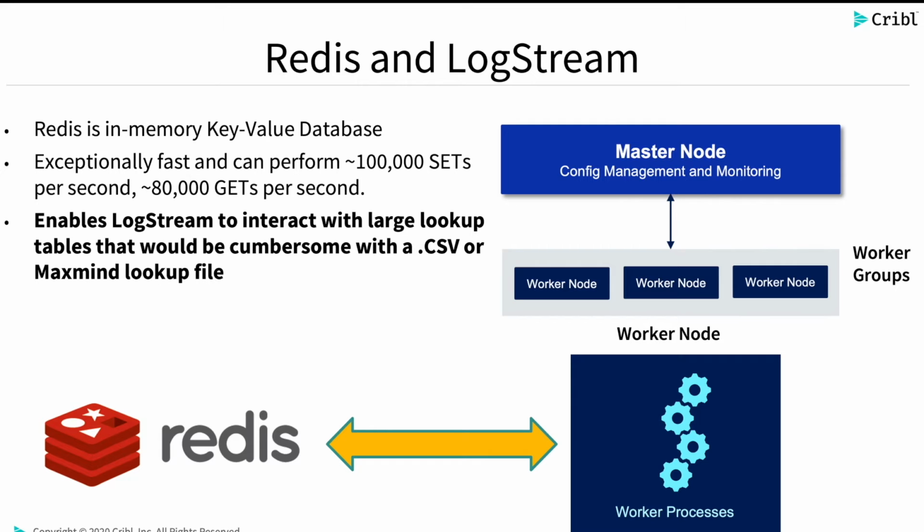So with the introduction of Redis, we have the option to use this in-memory key value database. And it really enables LogStream to interact with truly large lookup tables that could otherwise be fairly cumbersome with our CSV support or with the MaxMind lookup files.